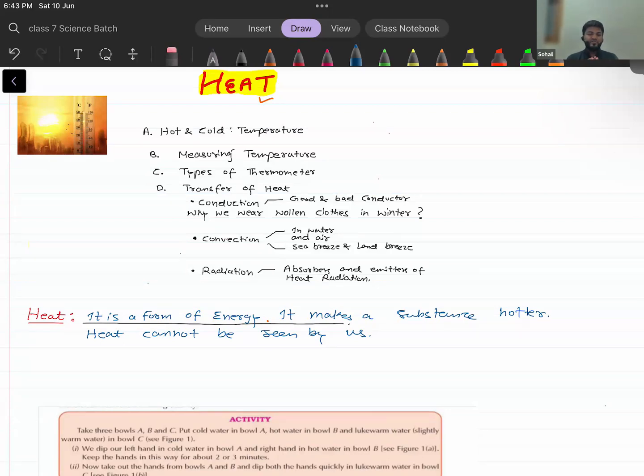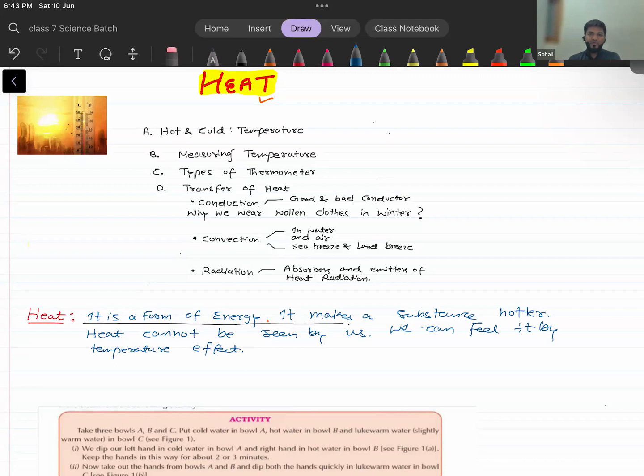The question arises, what is this temperature effect? A body may produce some amount of heat, or may not produce enough heat.